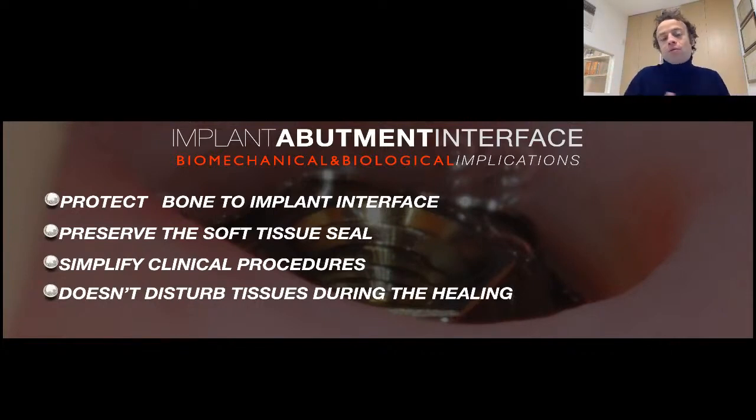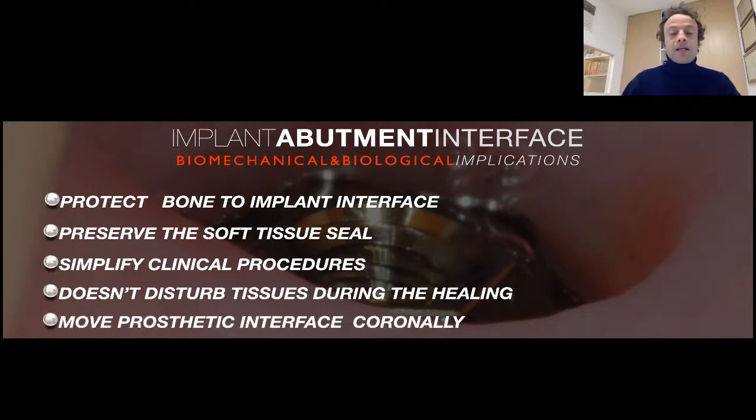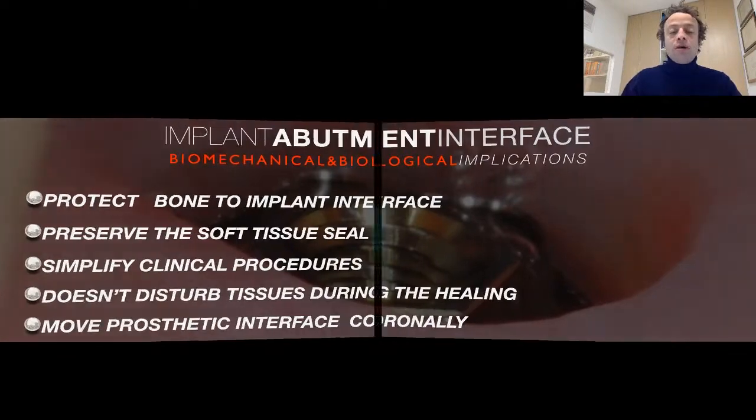But of course we also have options with greater height. For example, we have multi-unit abutments of 3.5, 4.5 when I have a loss of soft tissue, in particular in the upper jaw, in the molar area. So it's something that can be managed easily in each clinical situation. Remember to move the prosthetic interface more coronally.